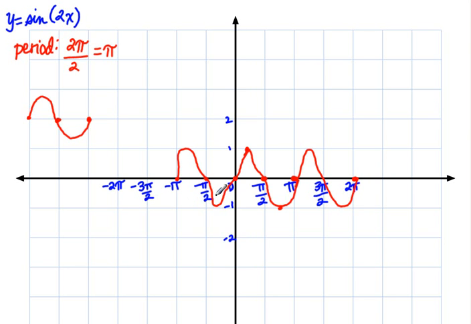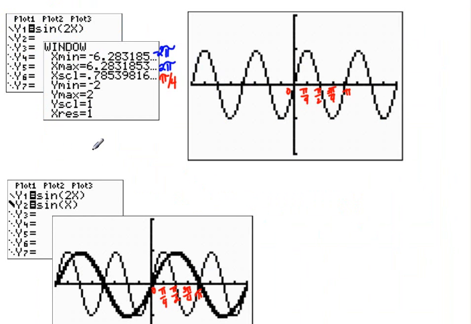Okay. Now let me show you on the graphing calculator how you could confirm that. I entered sine of 2x, and in my window I entered negative 2 pi for my x min, 2 pi for my x max, and a scale of pi over 4. And my y min and y max I just set to be negative 2 and 2. So every tick mark on the x-axis represents pi over 4 units.